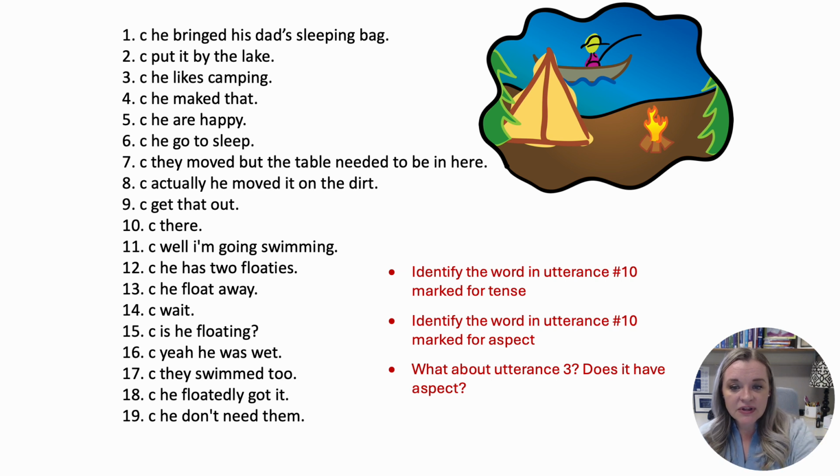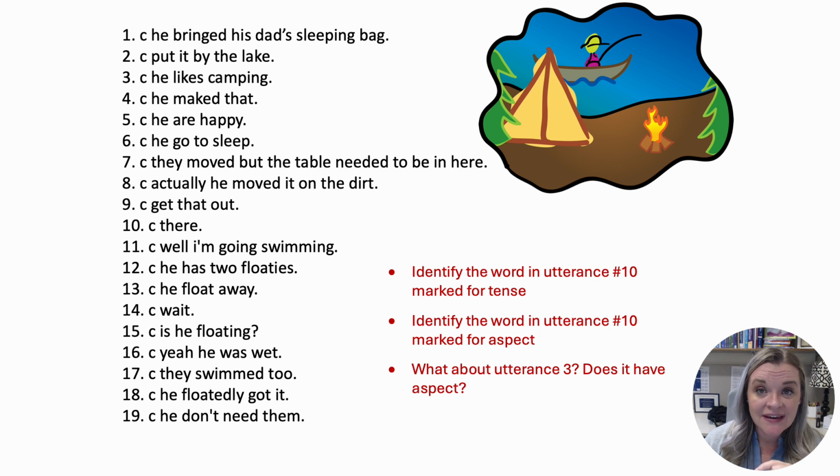All right, so we have a couple of things in here. I want you to specifically tell me what word in utterance number 10 is marked for tense. Oh, I lied. That should be utterance number 11. Sorry. Identify the word in utterance number 11 that is marked for tense. Okay, so it should be am.